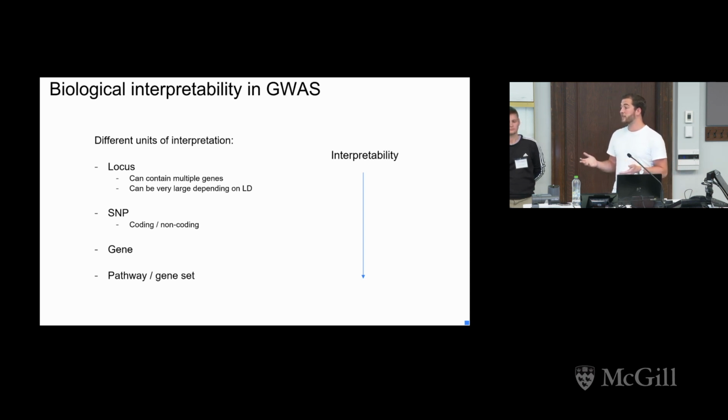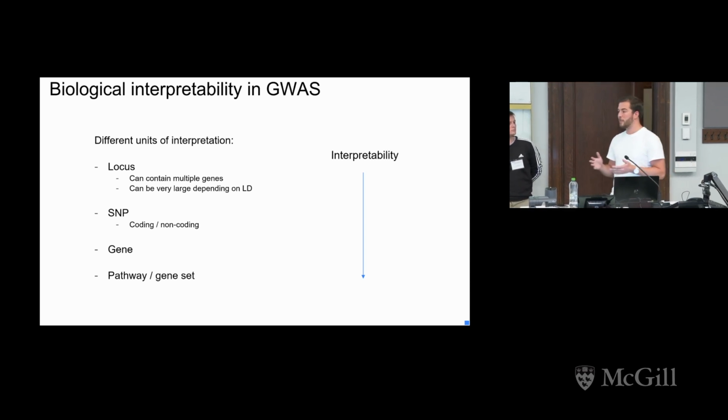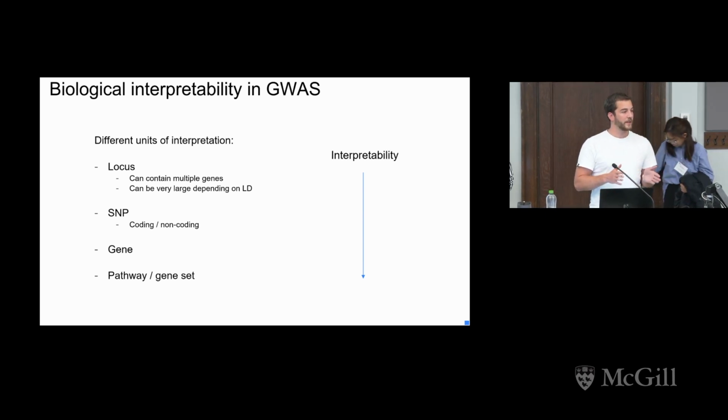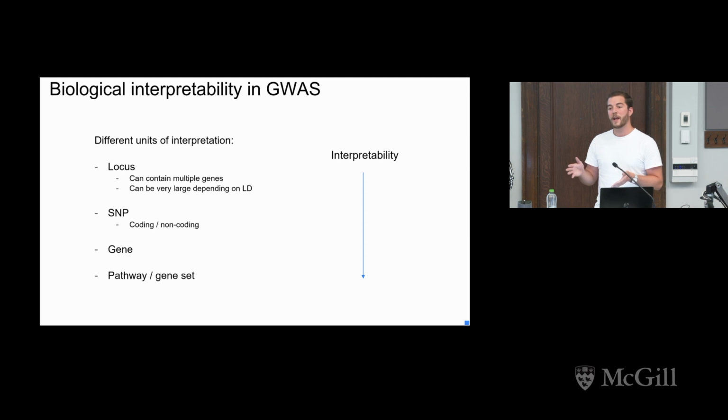So if it's a coding SNP that is within a gene, it might be a little bit easier. But most of the SNPs that we find are non-coding and are just in sort of gene deserts, and we have no clue what they're doing. Now, if we can move to gene, this is a little bit easier to go to some sort of hypothesis of what is going on. Because a gene has some very specific biomolecular function, so we can start to interpret what might be going on in this locus in cells of the people who have this genotype.